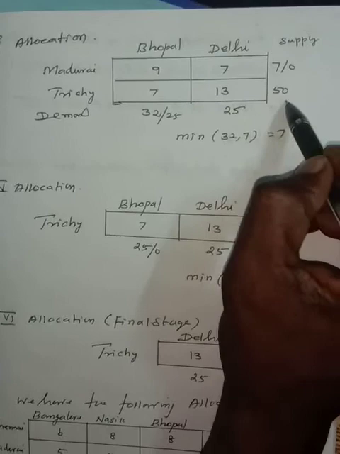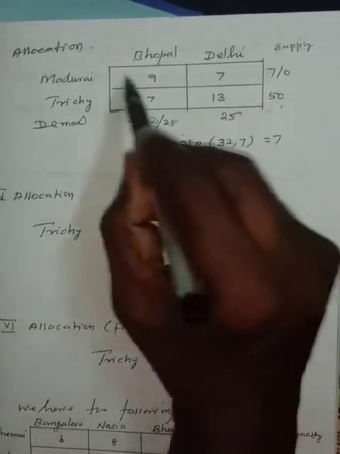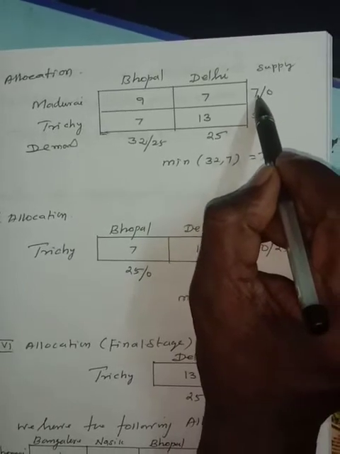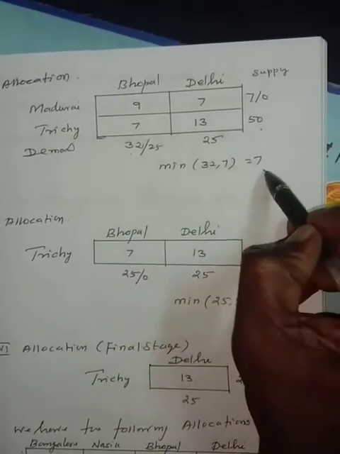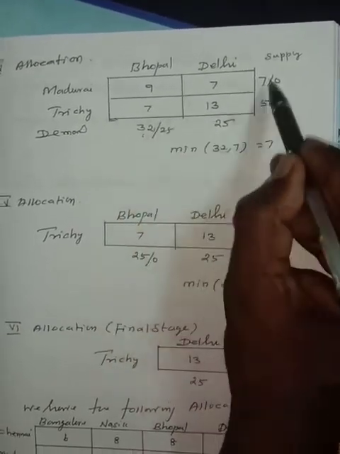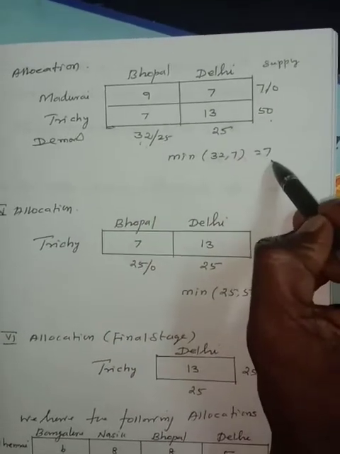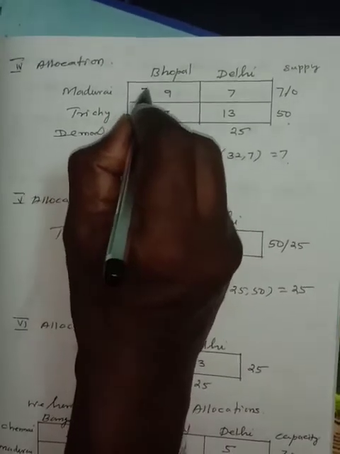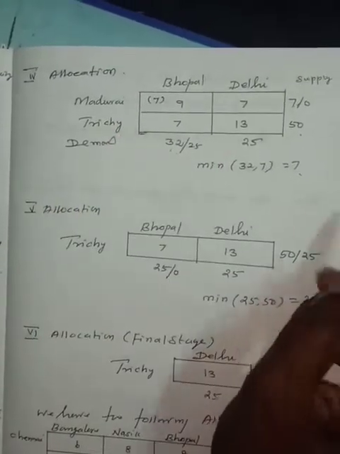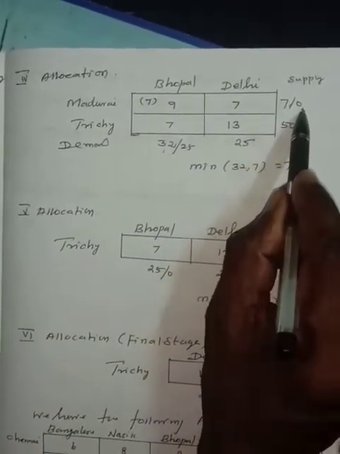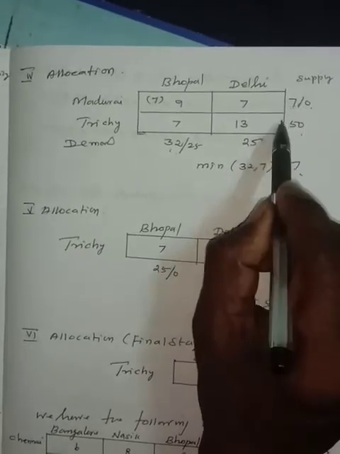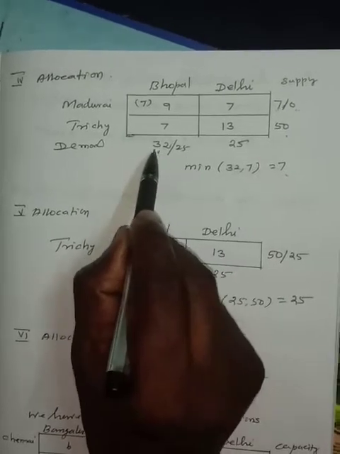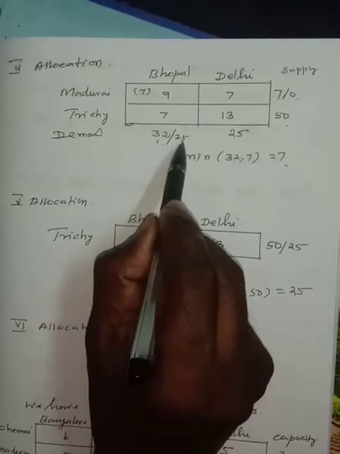Supply 7 and 50. Take first row, first column. Minimum of 7 and 32 is 7. So you have to put 7 in the first box. 7 minus 7 is 0, therefore 7 slash 0. 32 minus 7 is 25, therefore 32 slash 25.